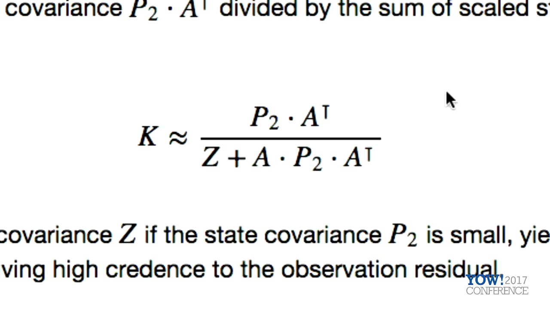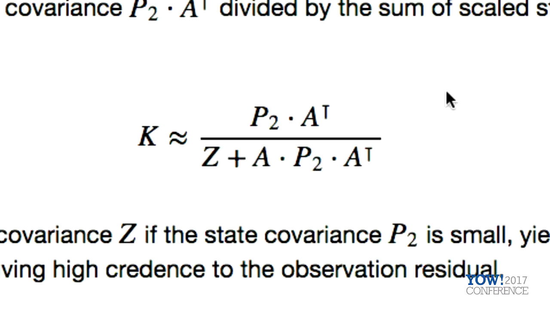The important part is the P, which is the covariance, which is the uncertainty in my current estimate of the state. If that covariance is very small, then K looks like 1 over Z. What is 1 over Z? That is 1 over the covariance of my observations.